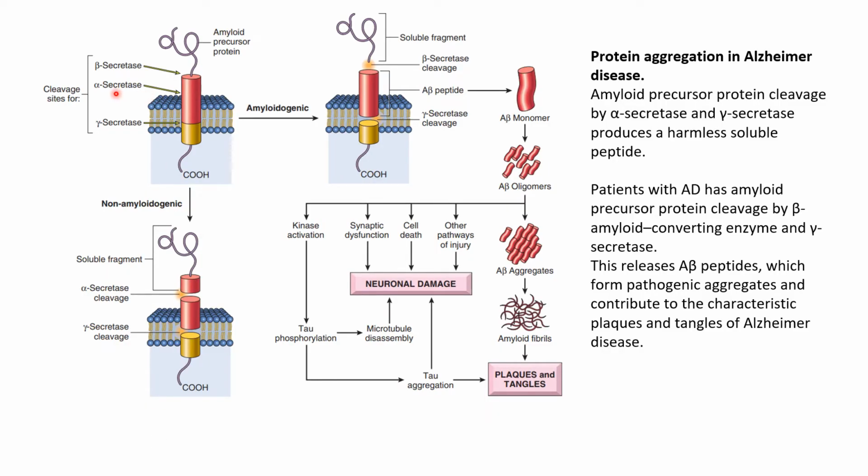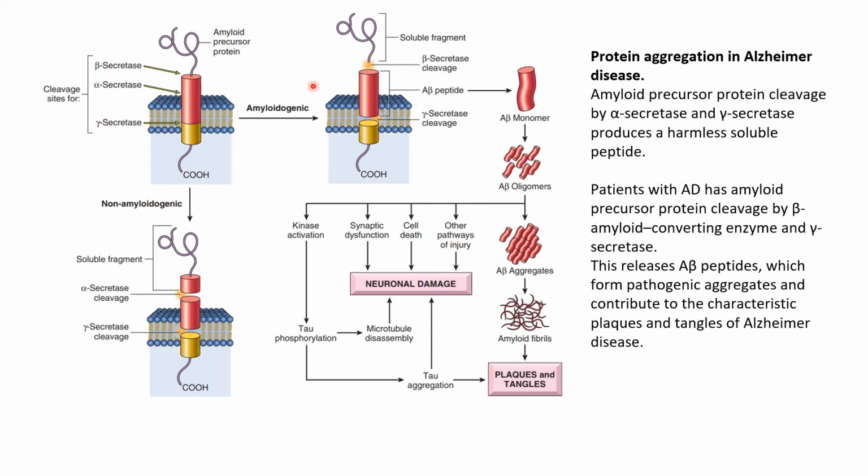This picture shows protein aggregation in Alzheimer's disease. The first part is in a normal person, where amyloid precursor protein cleavage is done by alpha and gamma secretase, and this produces a harmless soluble peptide.